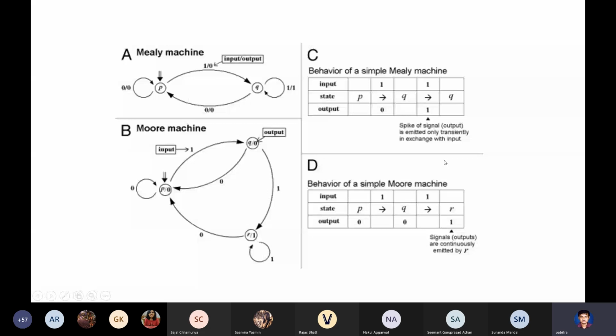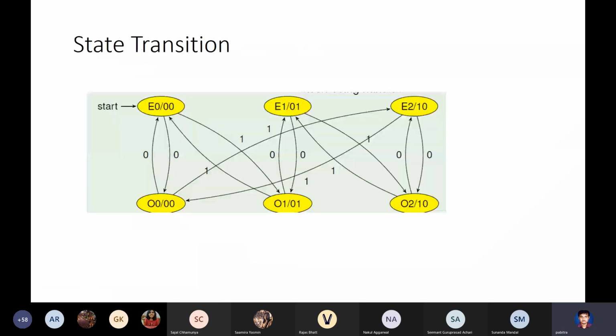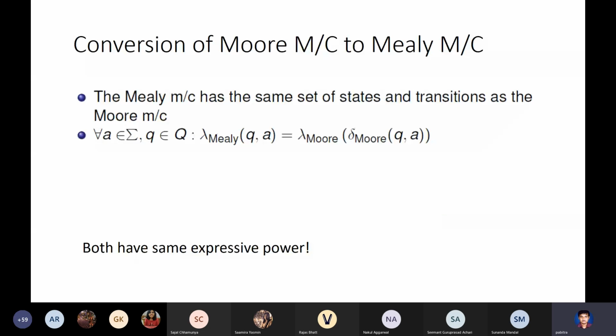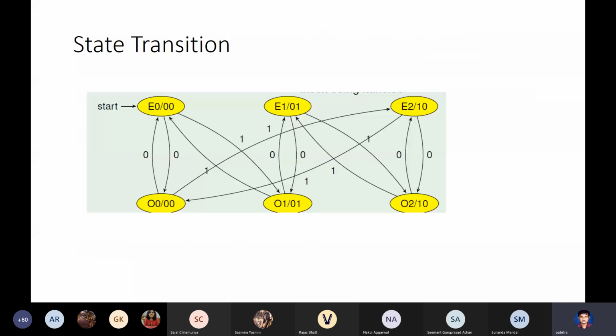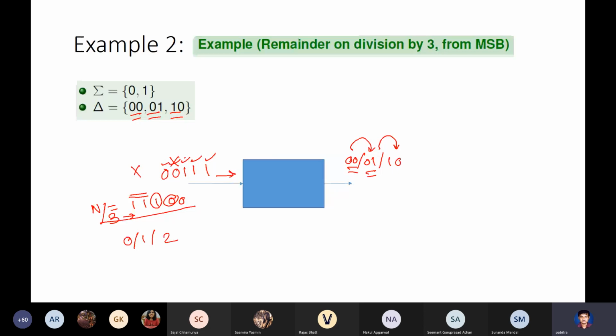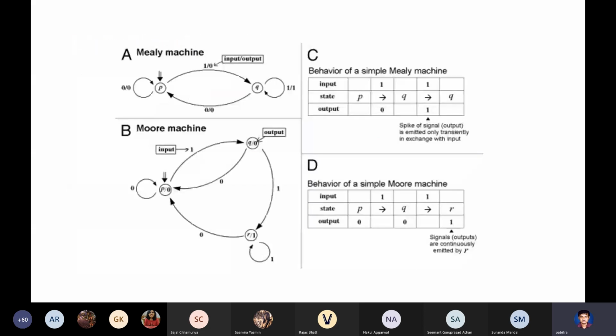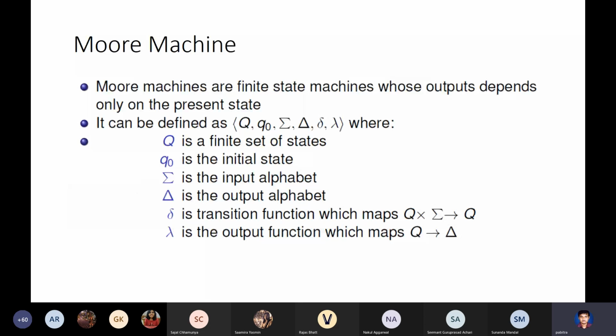Okay, so let us see. As you know, the difference between a Moore machine and a Mealy machine is that in the Mealy machine the output is a function of both the present state and the input, whereas in a Moore machine it's a function of only the state. The transition function is from Q cross sigma to Q, and for the Moore machine the output function lambda is only from Q to delta.